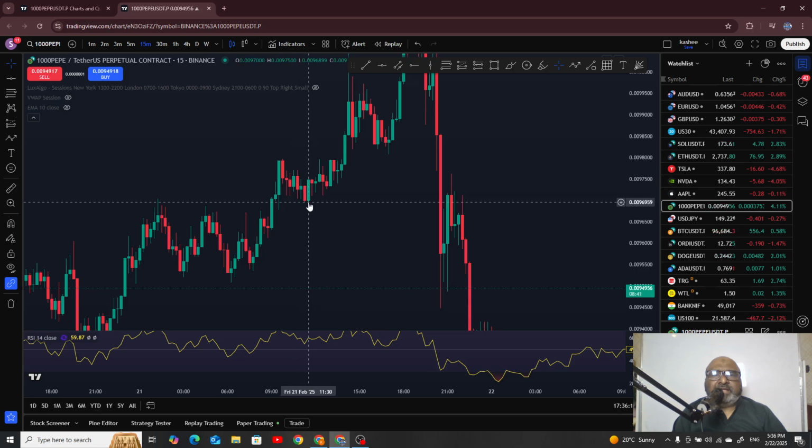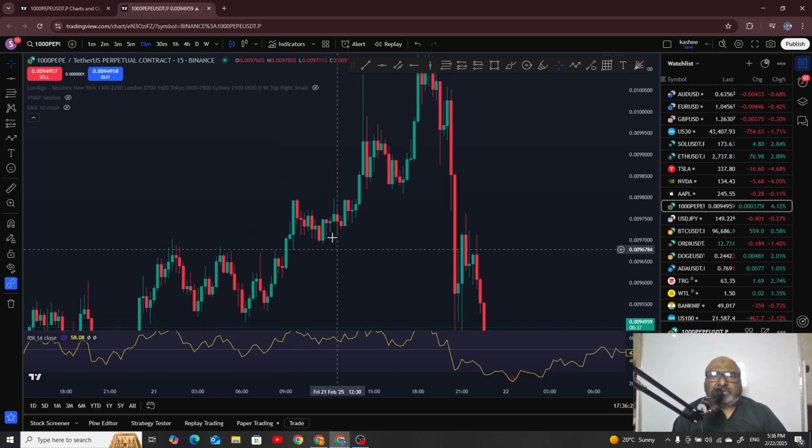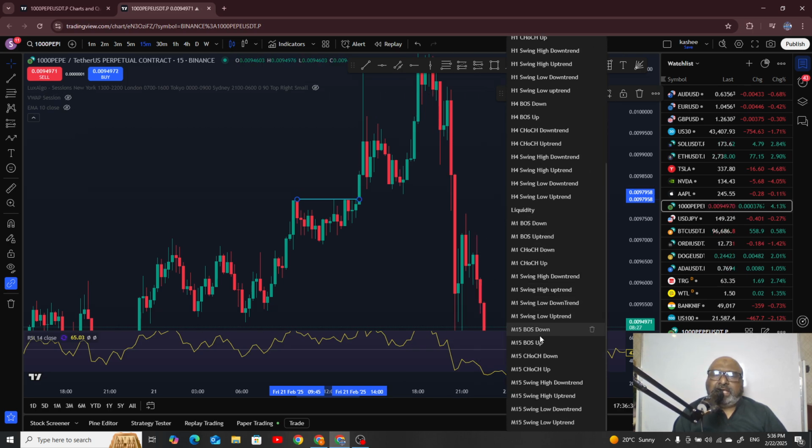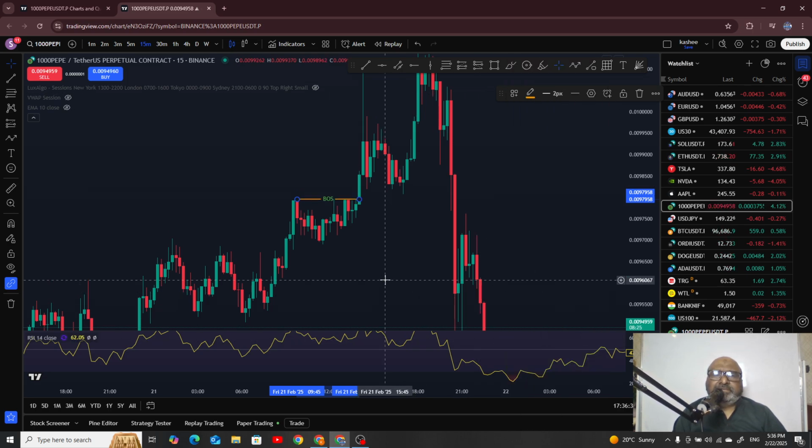But here we are getting three candles, okay, which are closing after each other. So this is M15 break of structure towards upside, M15 break of structure up.